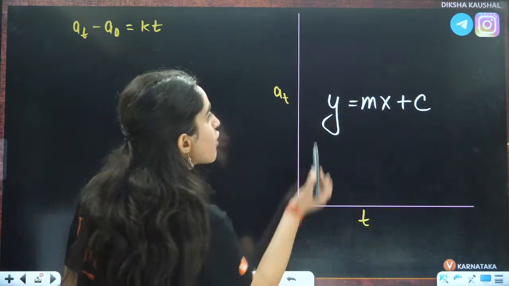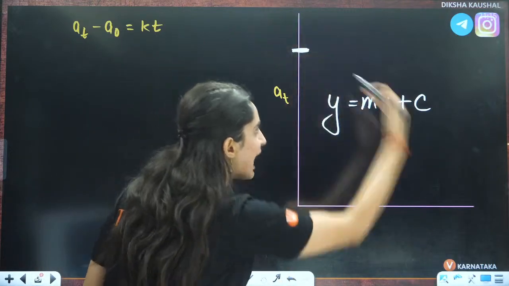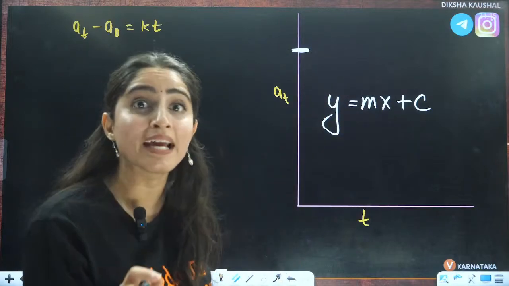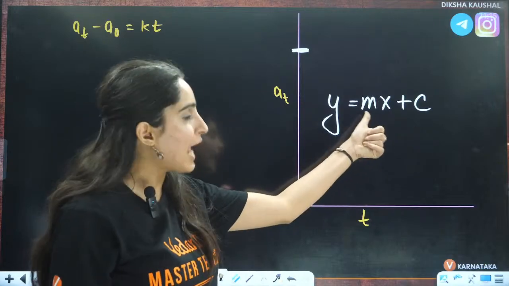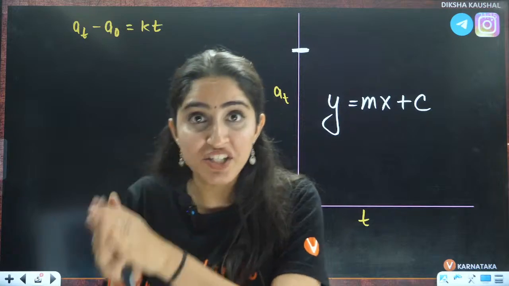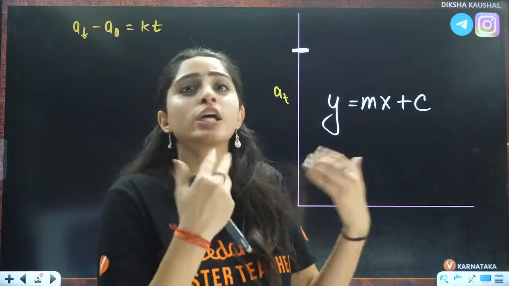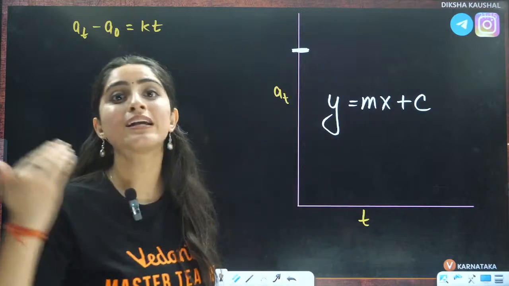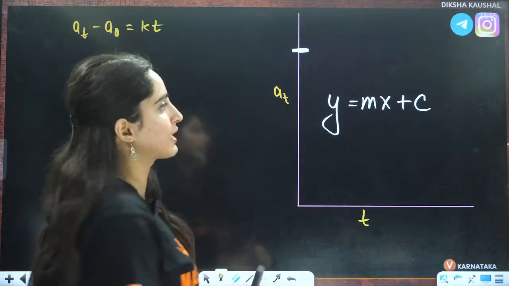Intercept means where that line is touching the y-axis, not x-axis. And m is called the slope. Usually they can ask you a question based on the slope: in zero order reaction, if you have a graph between AT and t, what is the slope?